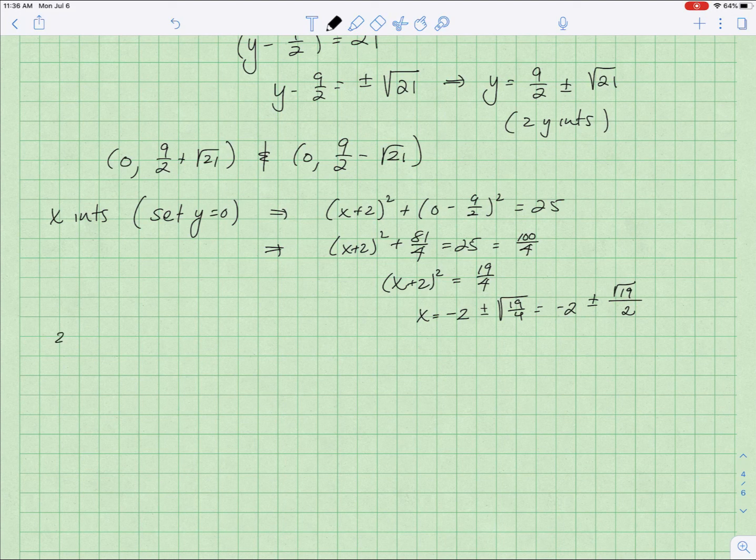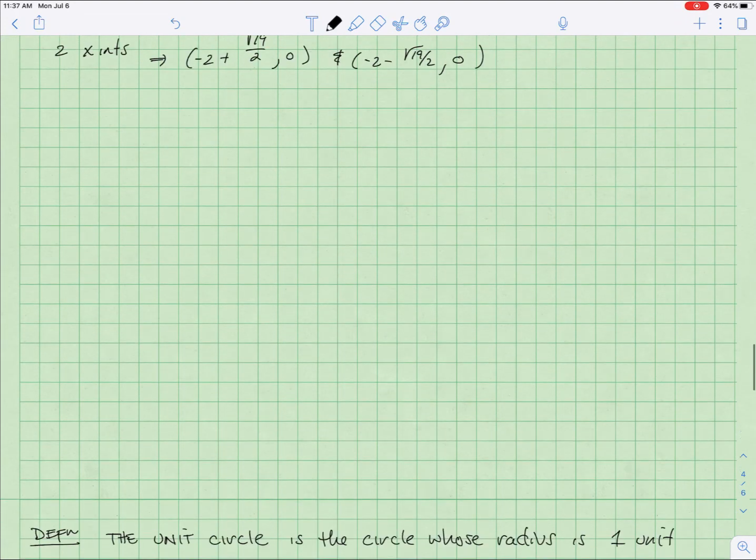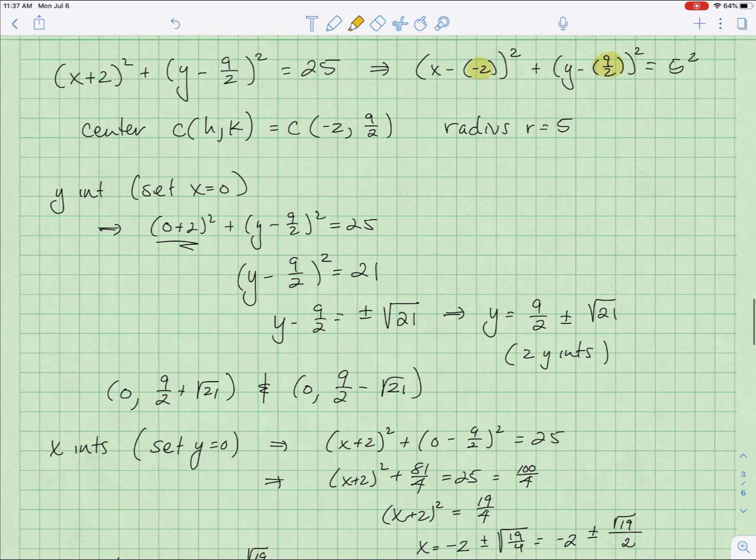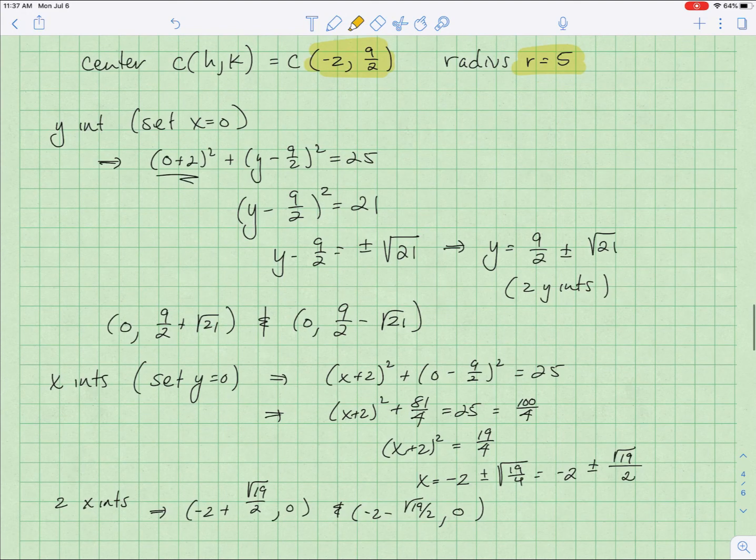And so we also have 2 x-intercepts, and they are negative 2 plus the square root of 19 over 2, comma 0, and negative 2 minus the square root of 19 over 2, comma 0. So they're not super friendly looking. So let's recap here. We have our center. We have our radius. And we have a couple of y-intercepts and a couple of x-intercepts.